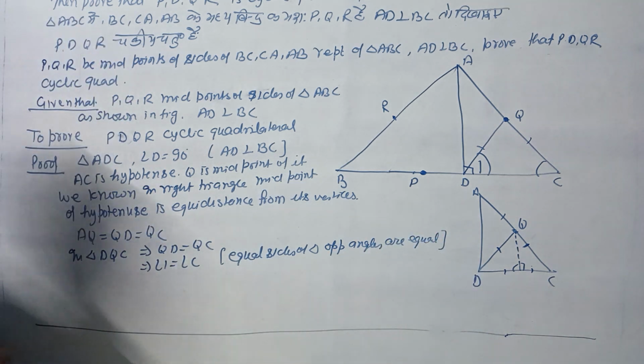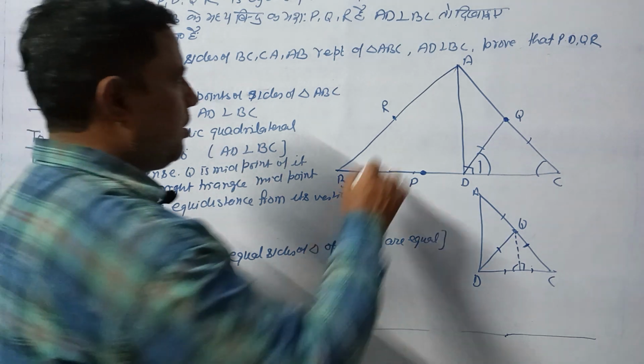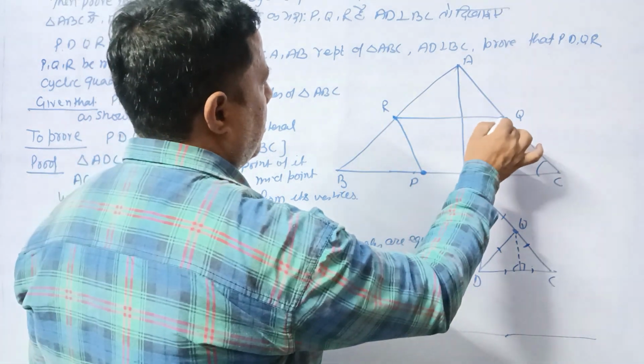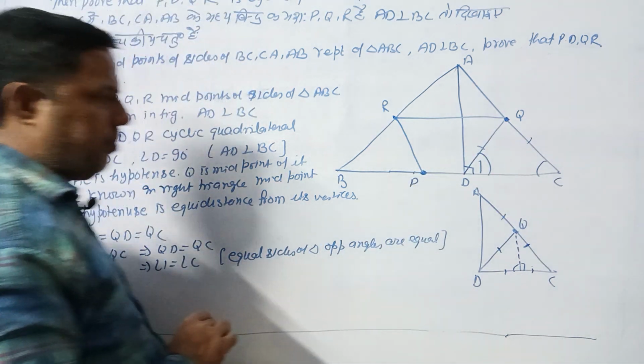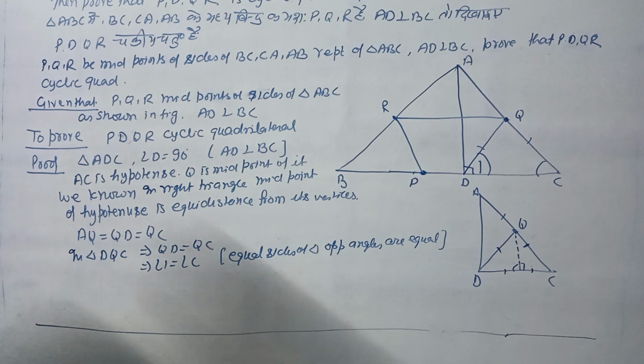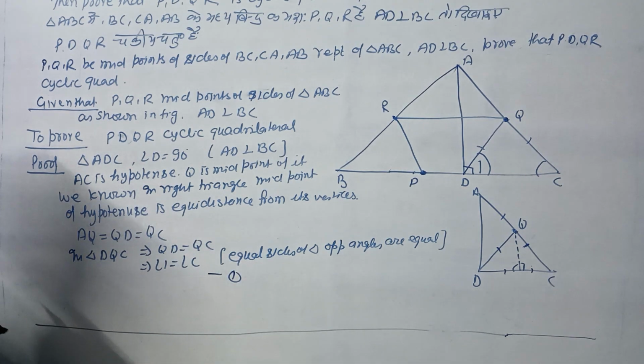Okay, angle 1 equal to angle C. Now join. Okay, this is the equation 1.